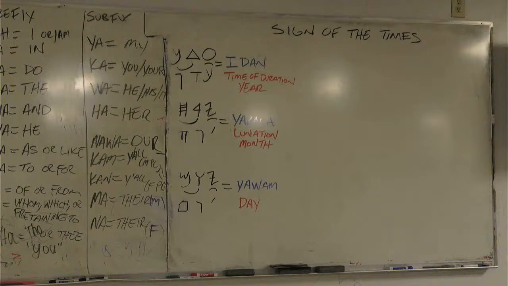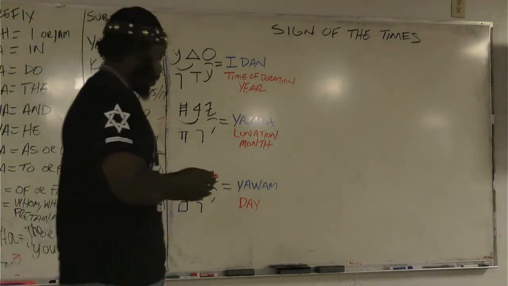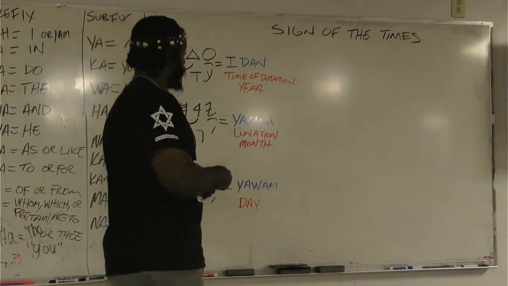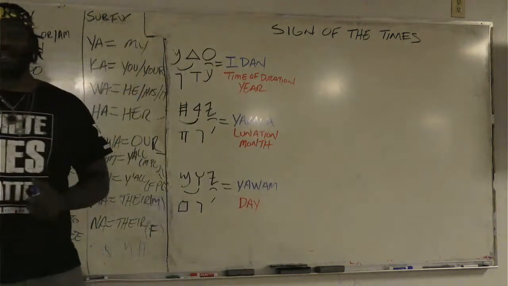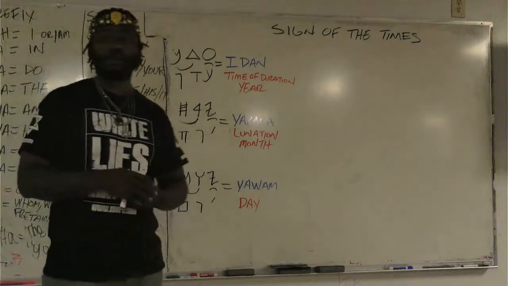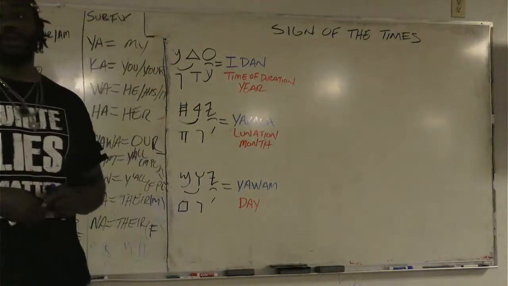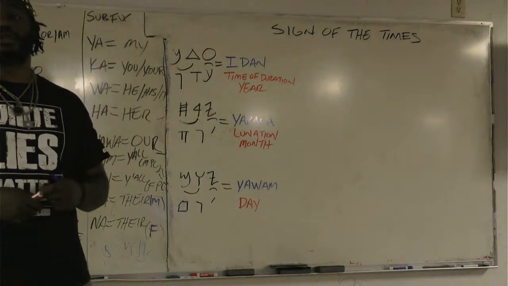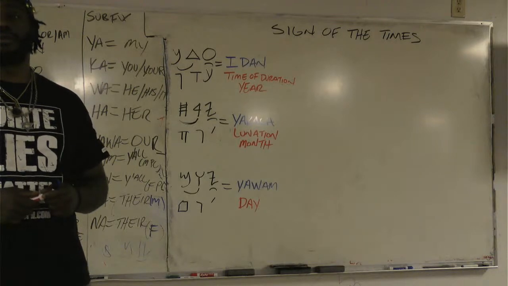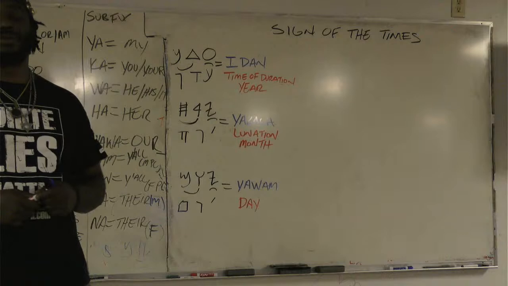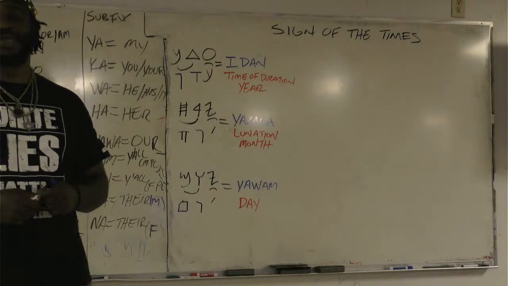First unit of measurement. A year is what? Give me a number for a year. 1999. What's like? A year.